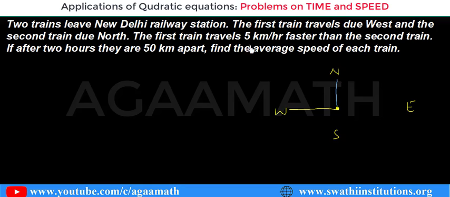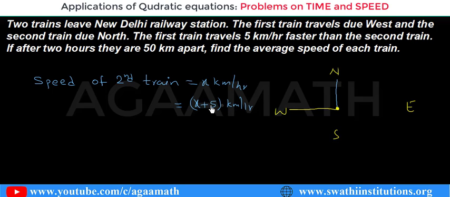We don't know exactly the speed of the second train, so I take the speed of the second train equals x kilometers per hour, so that the first train, being faster than the second, is x plus 5 kilometers per hour.